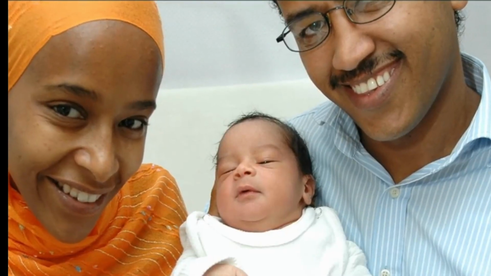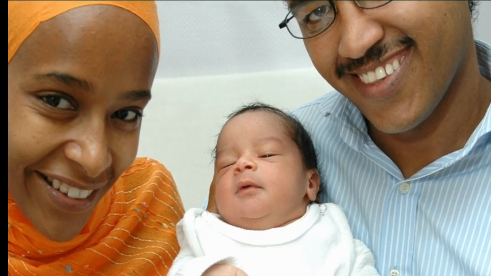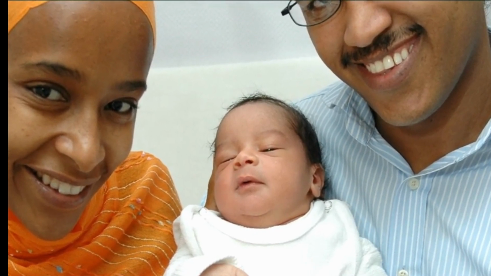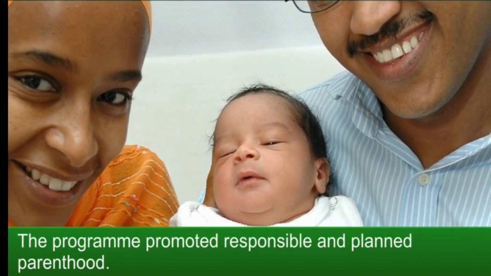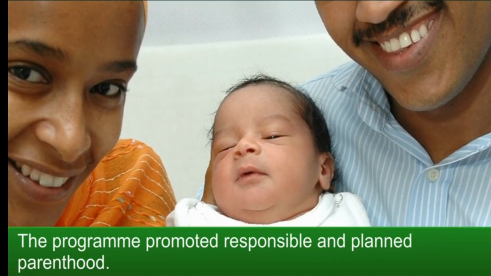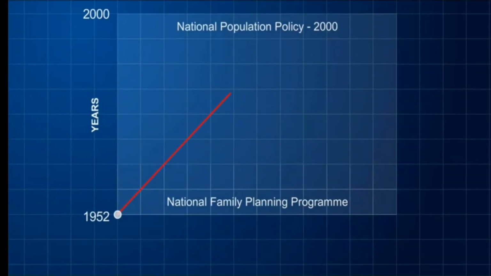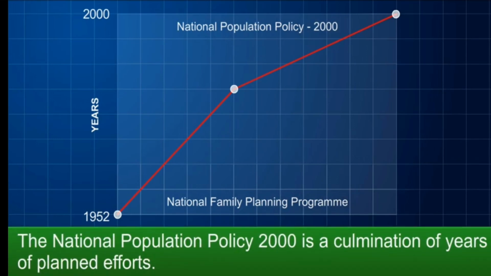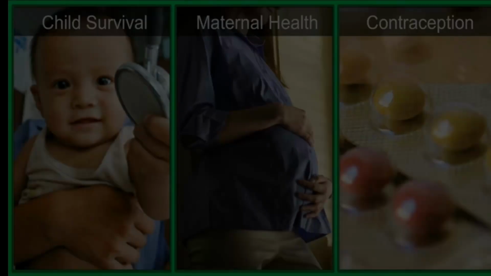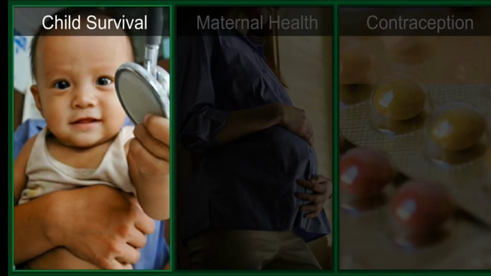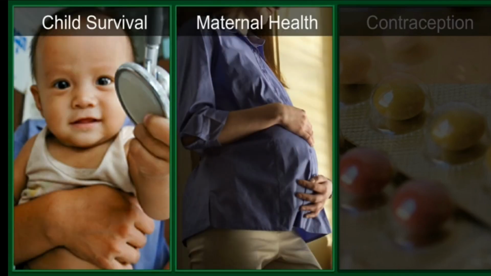The program was to promote responsible and planned parenthood on a voluntary basis. Following that, the National Population Policy (NPP) was adopted in the year 2000. NPP 2000 provides a policy framework to address the issues of child survival, maternal health, and contraception.